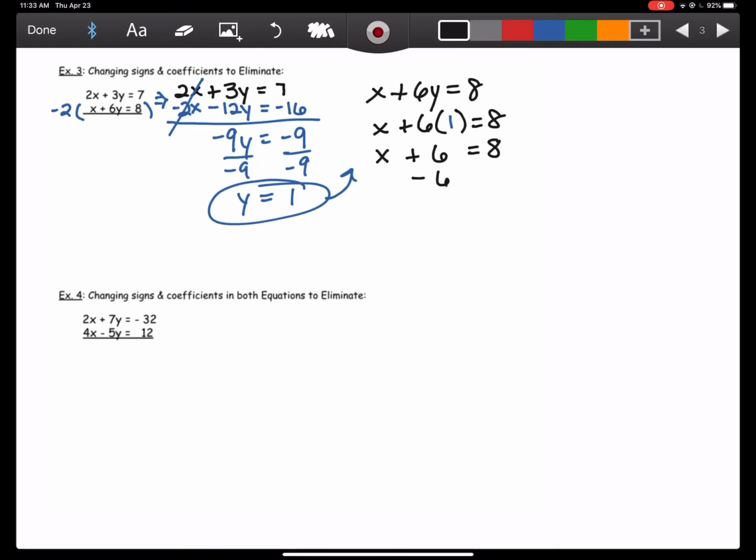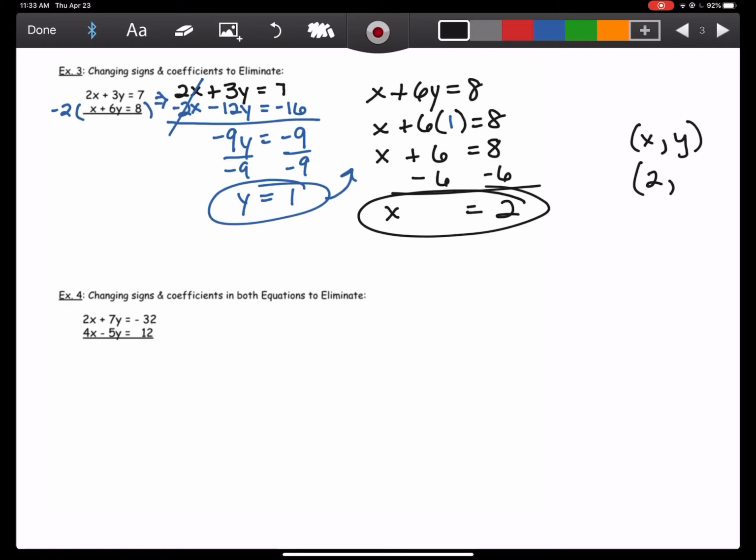Subtract to solve. Okay, and we have the other value. Now be careful when you substitute into your ordered pair. So we have x comma y. So that's x is 2, y is 1. Box your answer out. All right, number 4.